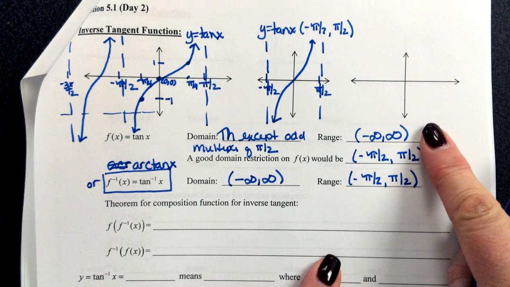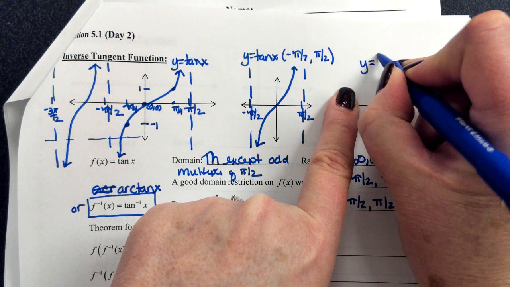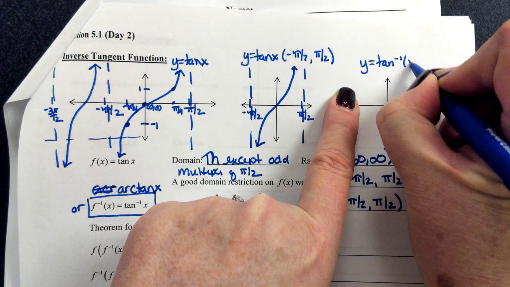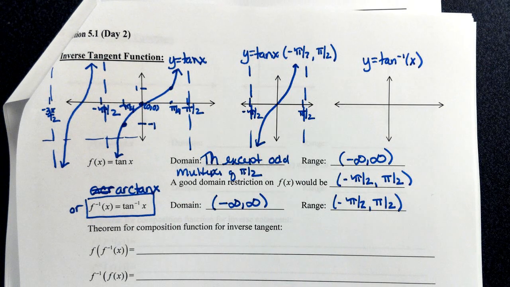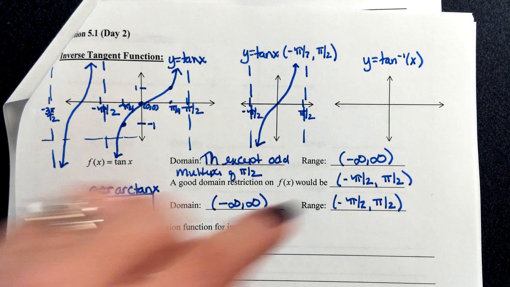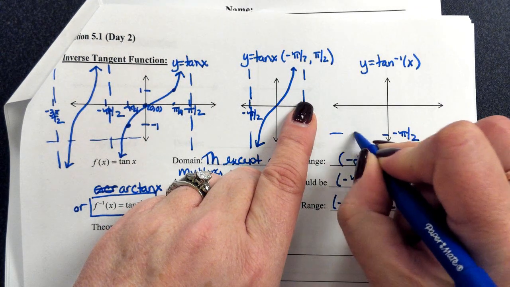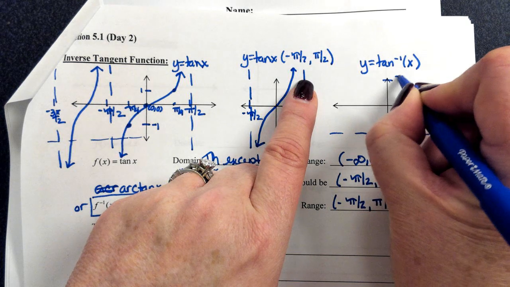So when you take a look at the graph of your inverse tangent, as you mentioned, the x's and y's flip-flop. So we know on tangent of x you have vertical asymptotes. On the graph of the inverse, instead of having vertical asymptotes, what kind of asymptotes are we going to have? Horizontal. So I'm going to have a horizontal asymptote at negative pi over 2 and positive pi over 2.